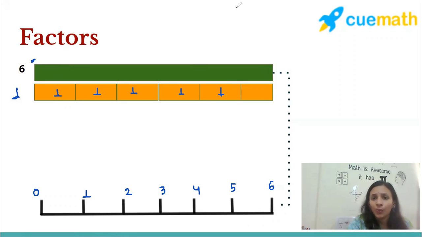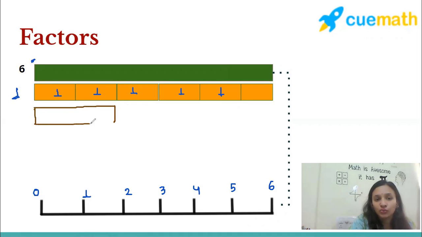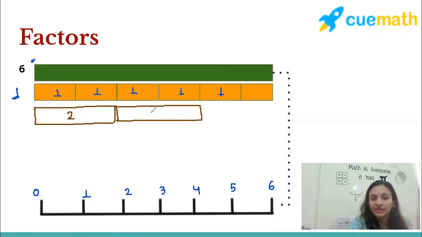Now let's go with another number right below it. I will take 2, like this, 1 plus 1. This block is representing 2 units. Then from here till here, this block is representing 2 units again, and this block is representing 2 units again.